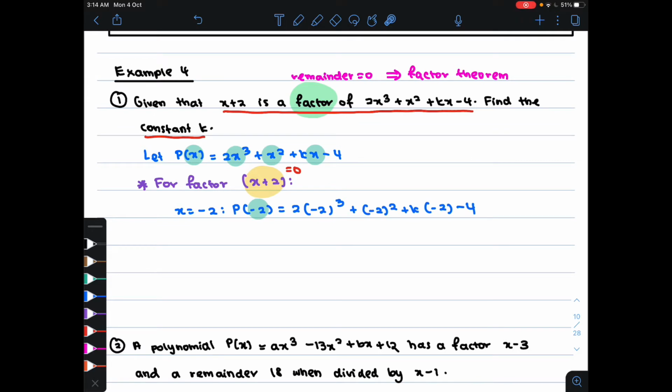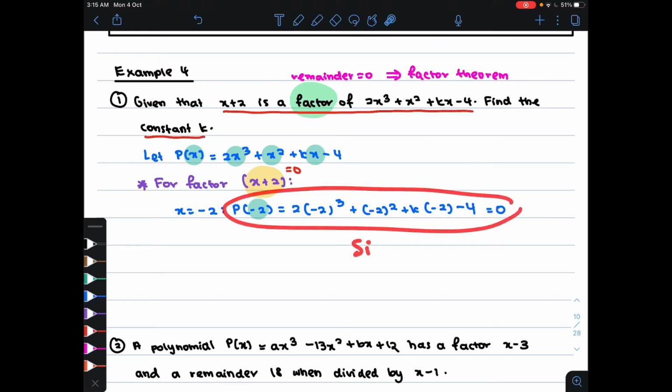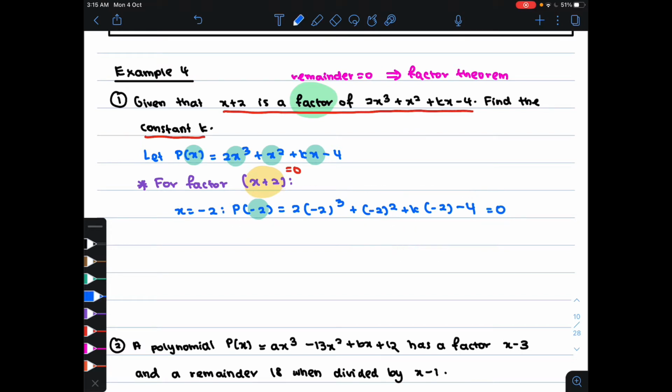And we already know that the remainder is 0, so this is equal to 0. And hence, k is negative 8.